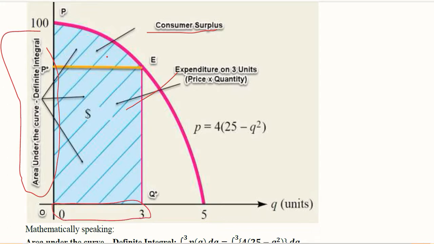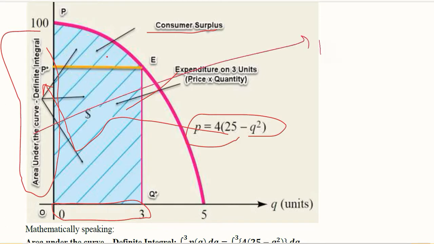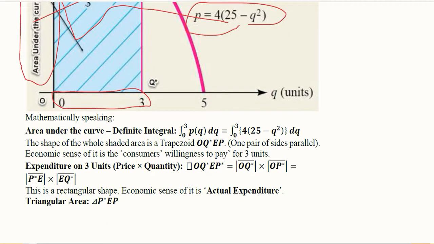So we can use integration on this given function to find out the area under the curve, which is one of the things that we want to know, because this area is actually the willingness to pay. So this is the explanation of this part.